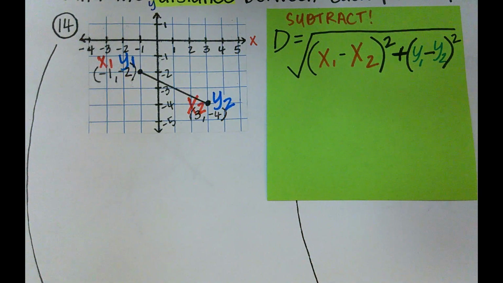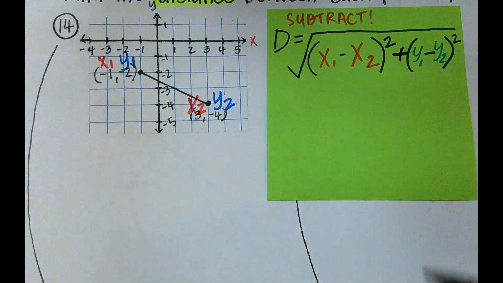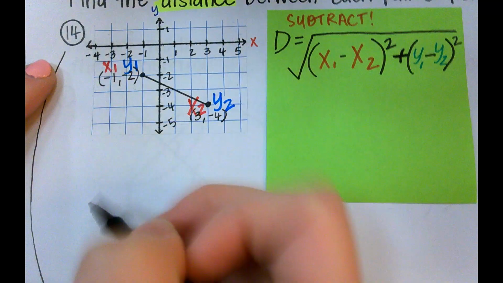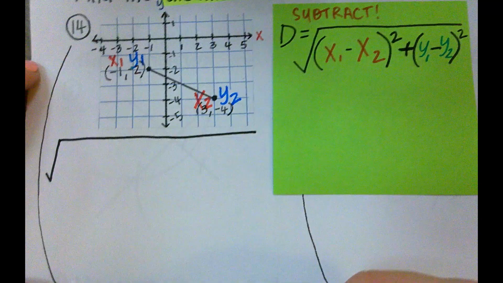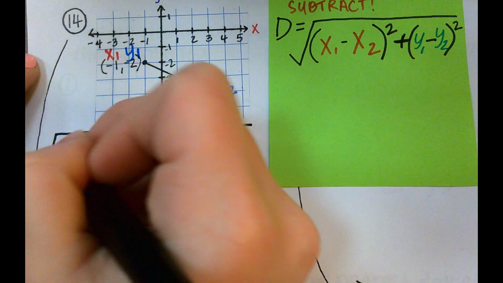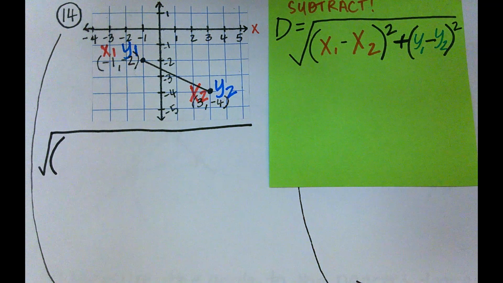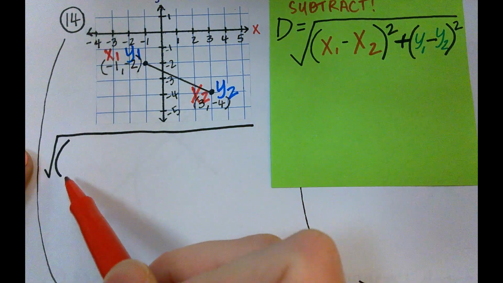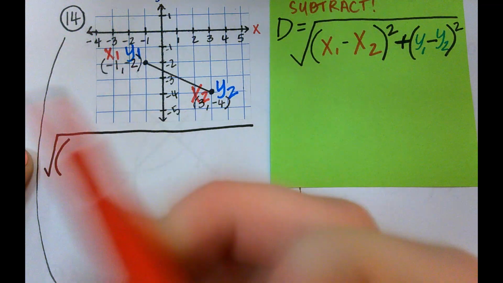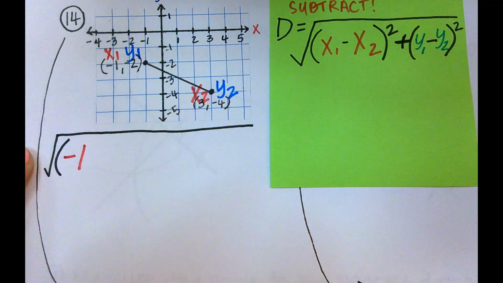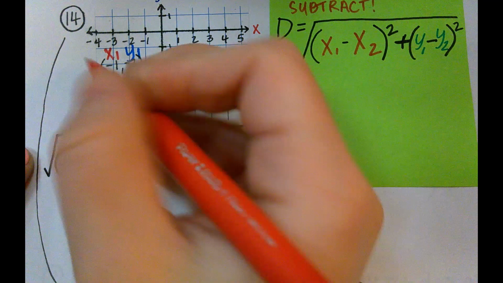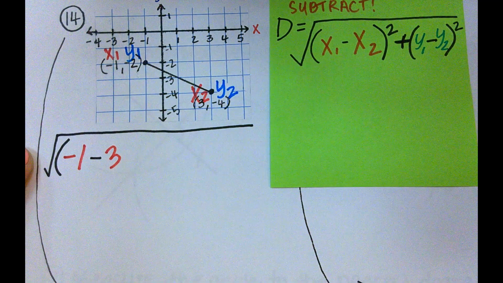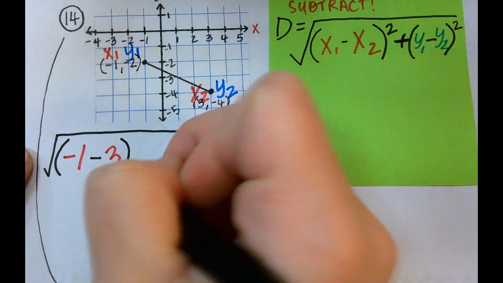So let's start plugging it in. Big square root. What goes first? -1 is x1 minus x2, which is 3. Close my parentheses.